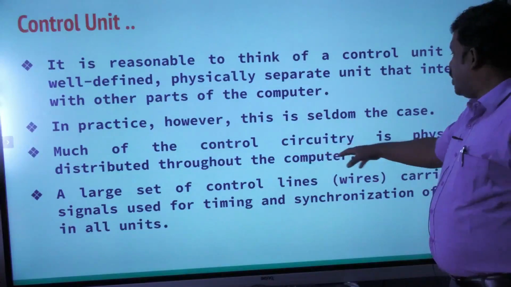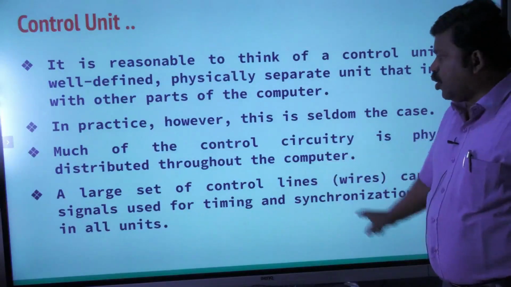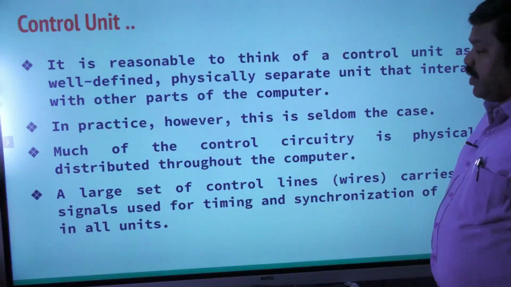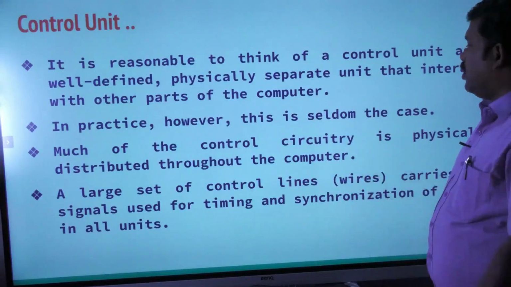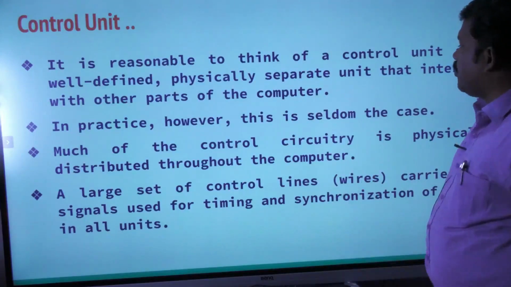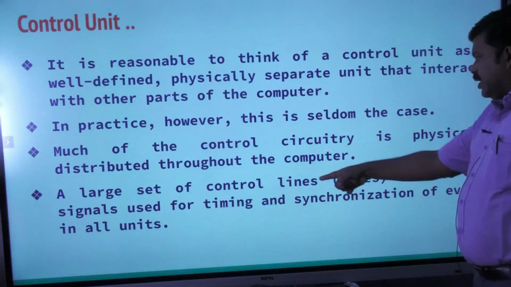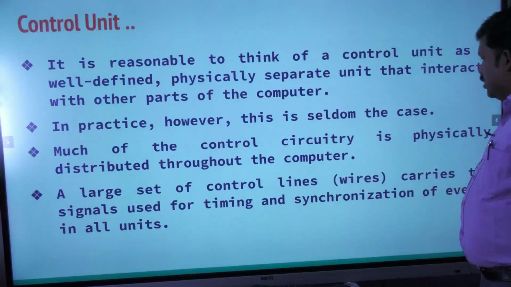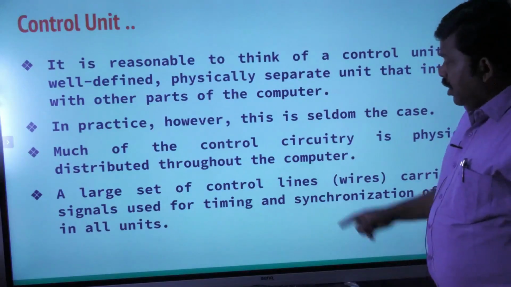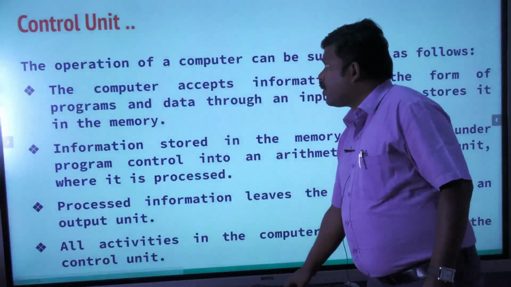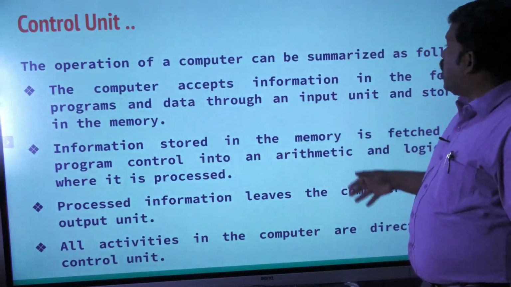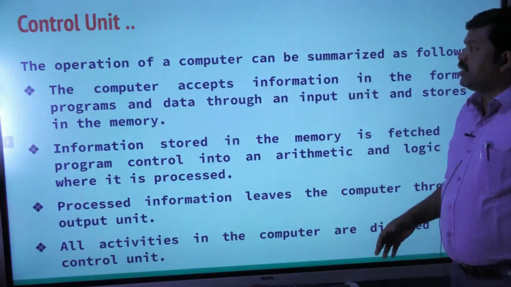So much of the control circuitry is physically distributed throughout the computer. Even every device has control circuitry to check the status. The large set of control lines carries the signals used for timing and synchronization of events in all the units. So these are the basic operations of the control unit.